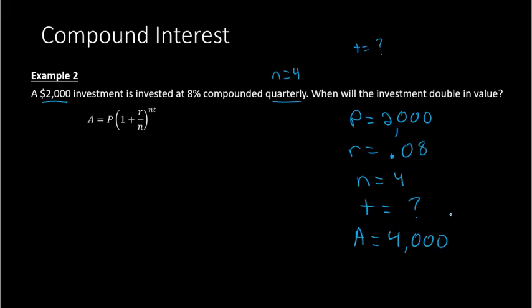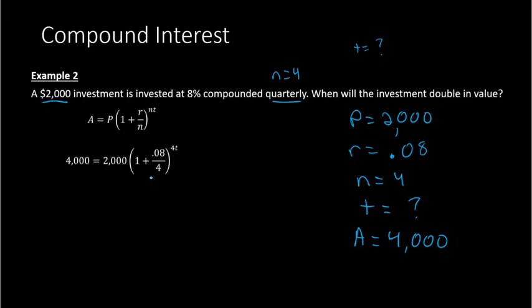So you plug all that into this formula. So you have 4,000 for A equals P, 2,000, times 1 plus r, 0.08, divided by n, or 4, raised to the n times t, or 4 times t power. Now, we need to take this, simplify the parentheses, and then try to solve for t.